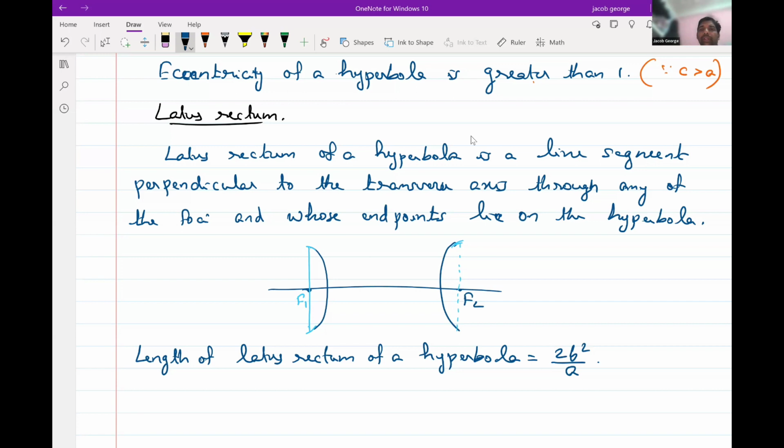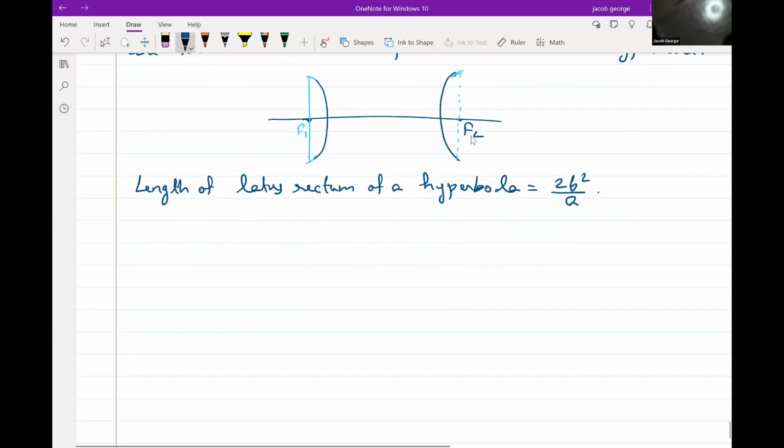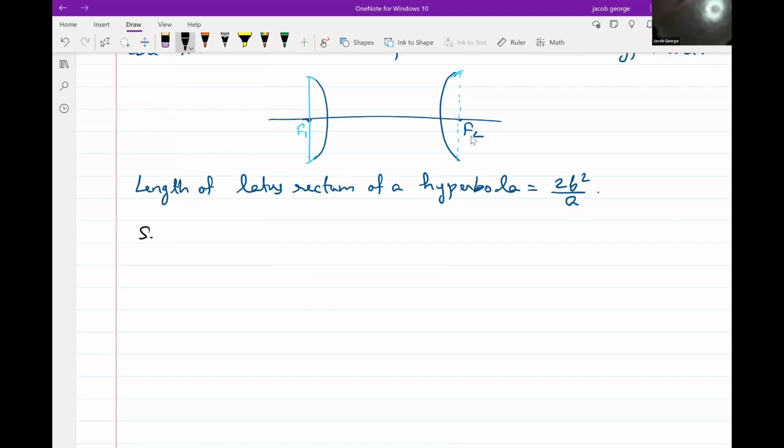Second is where the transverse axis will be the y-axis. In the first type, the transverse axis is the x-axis. In the second type, the transverse axis is the y-axis. So please write the next subheading: Standard equations of hyperbola.